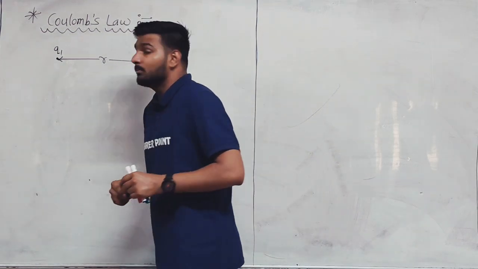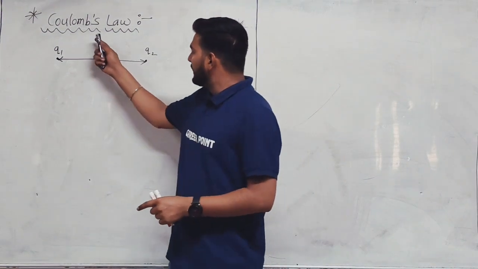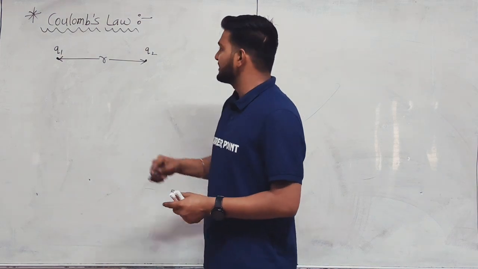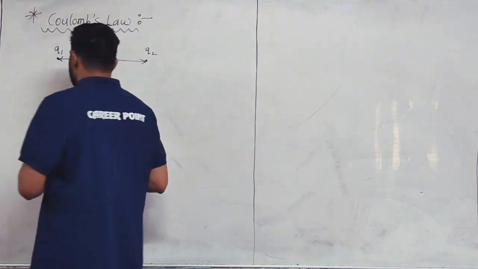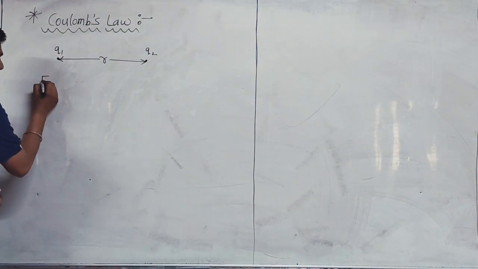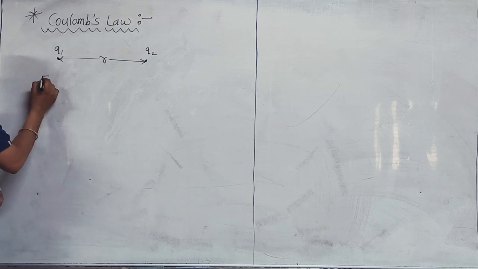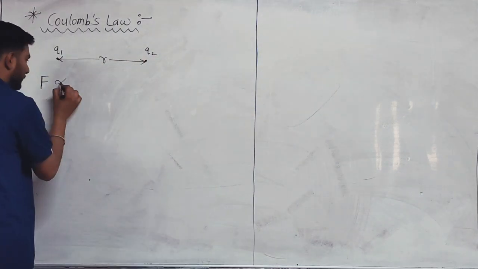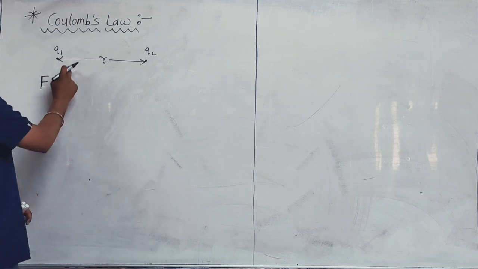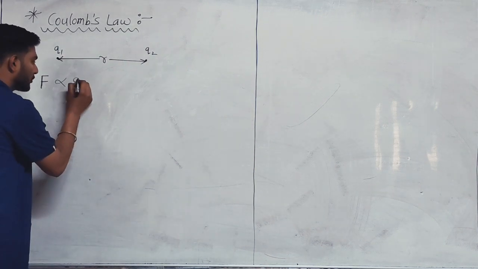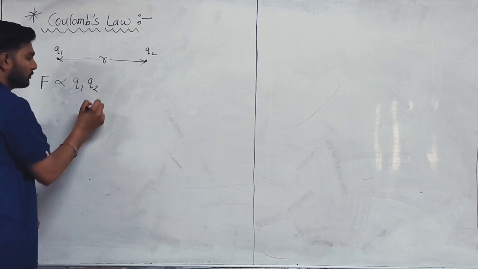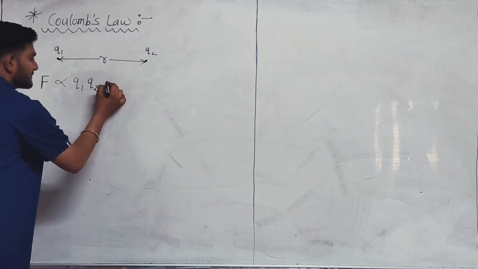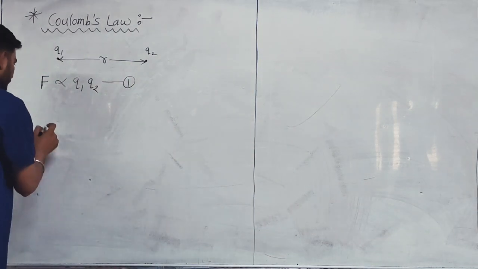So according to Coulomb's law, the interaction, or you can say the electrostatic force, let's suppose this is F, is directly proportional to the product of these two charges q1 q2. Let's suppose this is our equation 1.